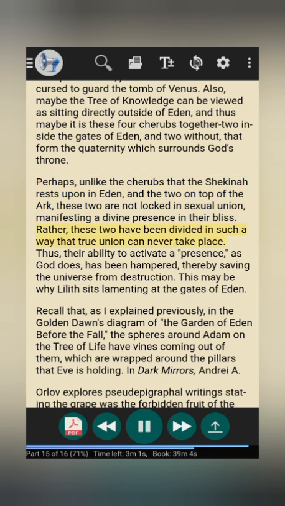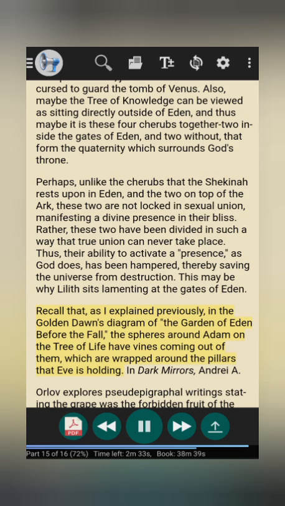Rather, these 2 have been divided in such a way that true union can never take place. Thus, their ability to activate a presence, as God does, has been hampered, thereby saving the universe from destruction. This may be why Lilith sits lamenting at the gates of Eden.